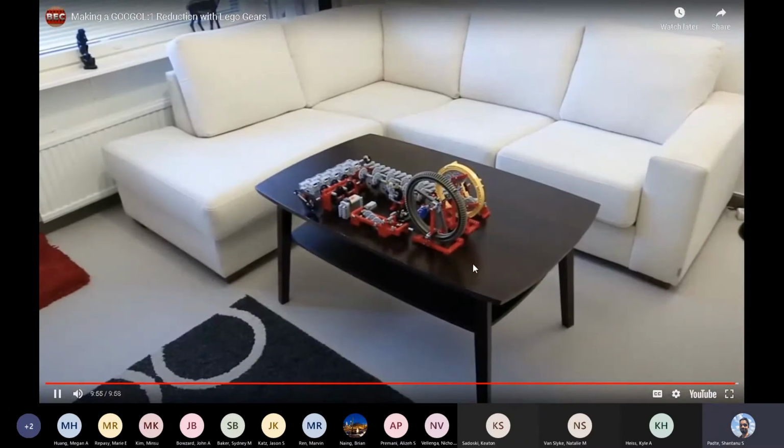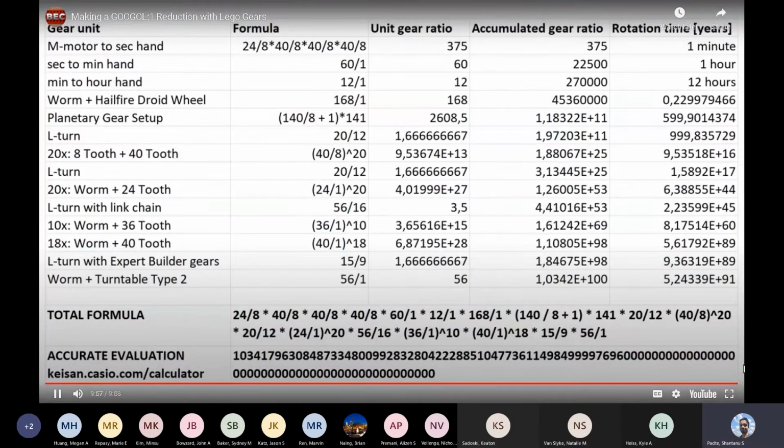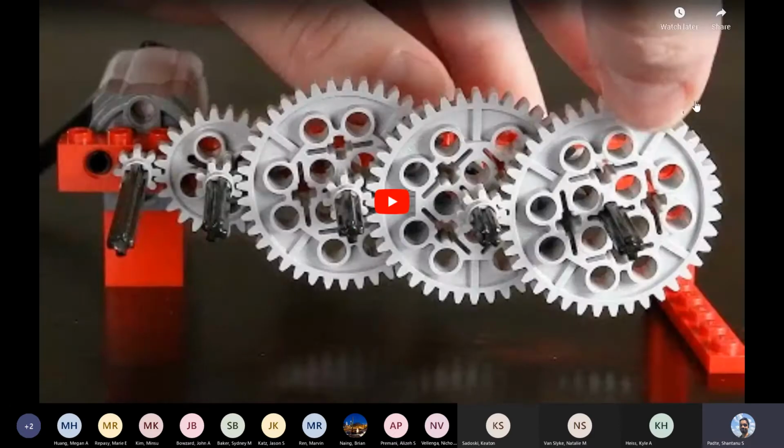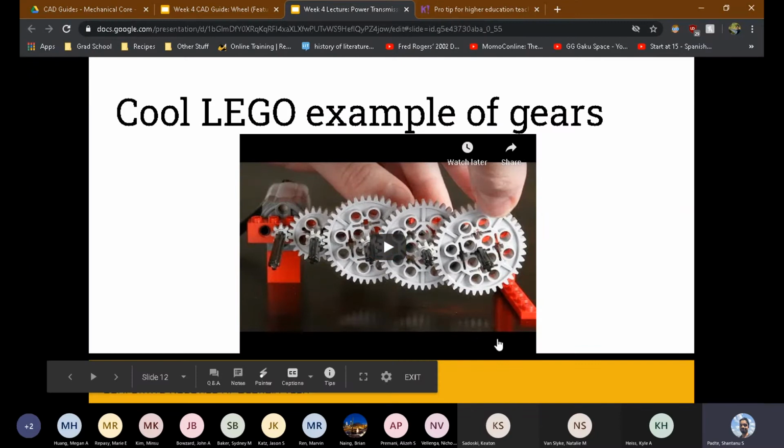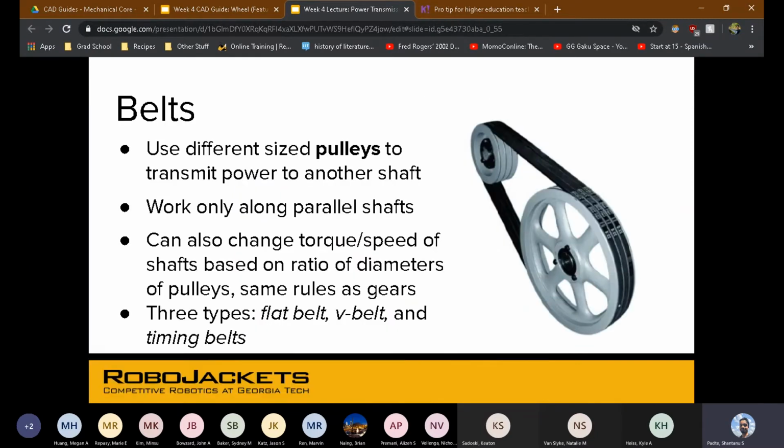And so they've made a googol to 1 gear ratio. You can check this video out later. It should be in the presentation itself. But let's move on. So any questions about gears? Okay, I have pretty good.